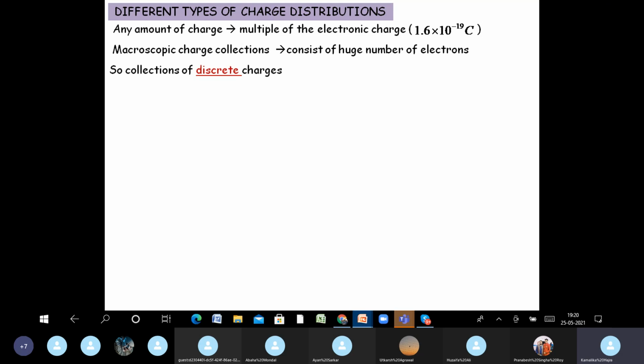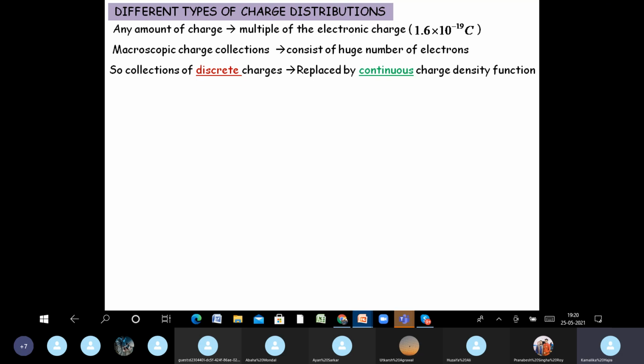so such collections of discrete charges, say 10 to the power 10 electrons, all right, it's not possible to take the sum of so many charges. If you are, for example, applying the principle of superposition, if you want to find the resultant force due to all such charges, it is not possible to make a summation of 10 to the power 19 charges.